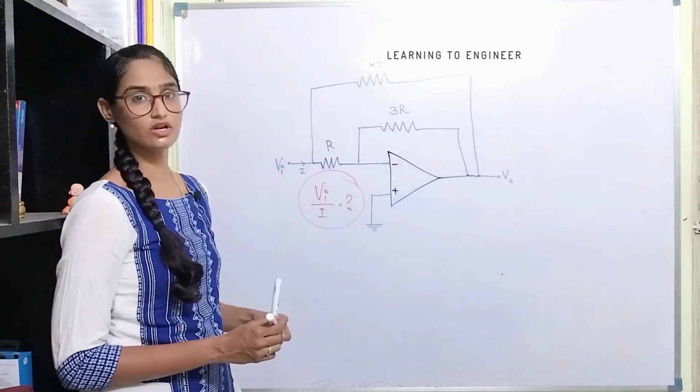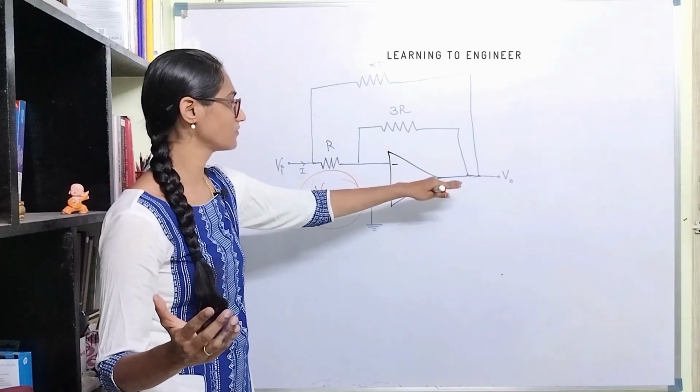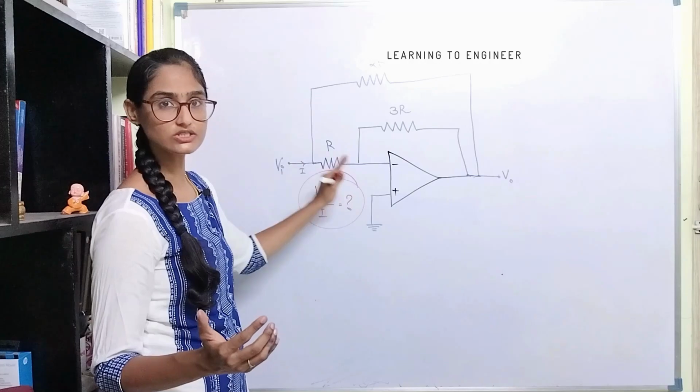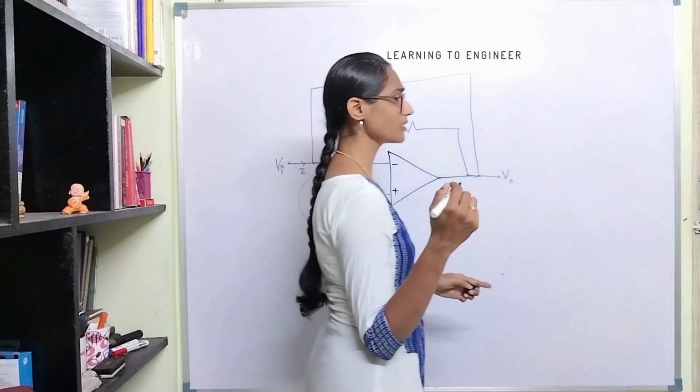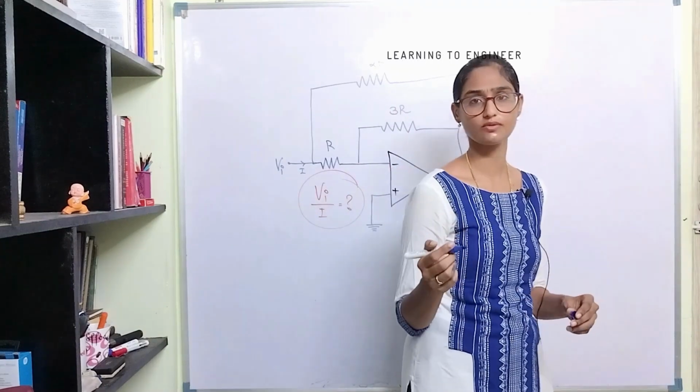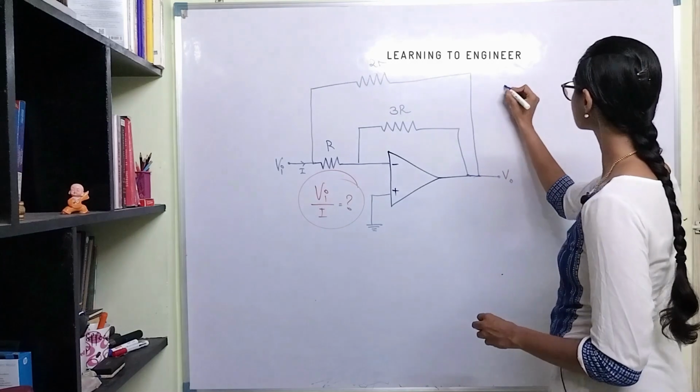You can apply Kirchhoff's laws and try to find out the value of V0 in terms of Vi, and hence you can derive at this value. Okay, so for people who want to solve this problem, what you can do is you can note down the question and just 2 steps.